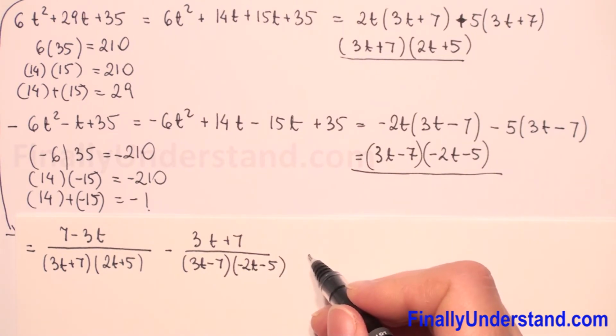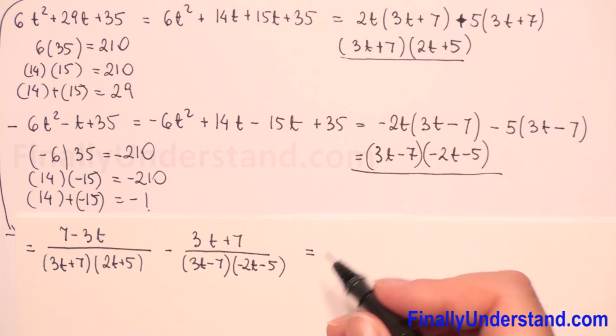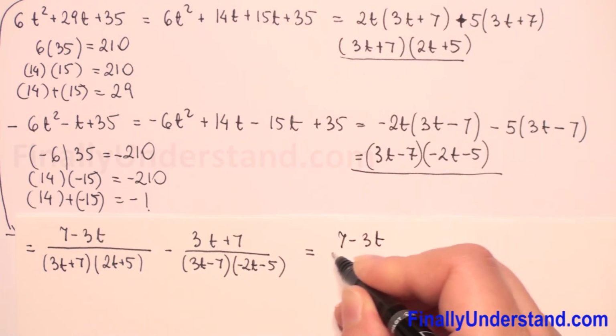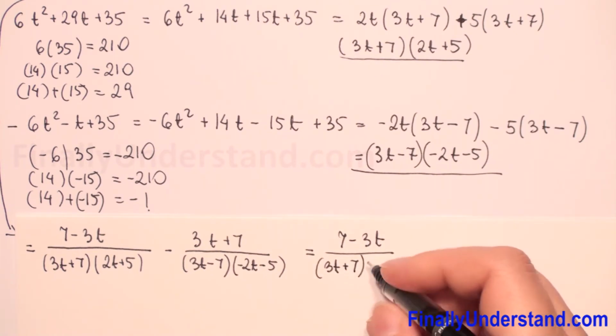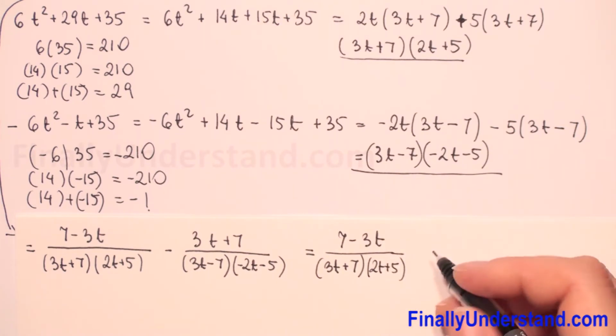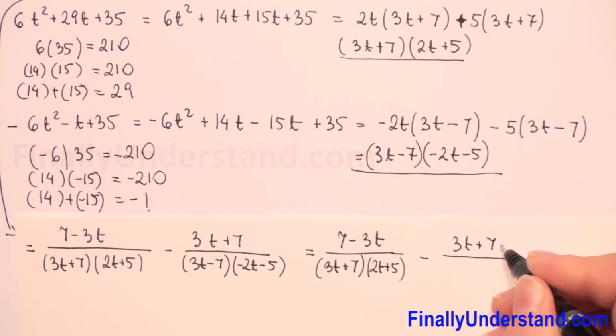So first, what we can do here, we have 2t plus 5, and we have here negative 2t and negative 5. So we can factorize negative 1, and we'll have the same terms in parentheses. So let me copy the first fraction. And now you'll have numerator 3t plus 7.